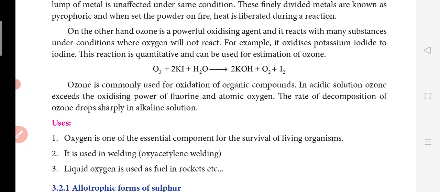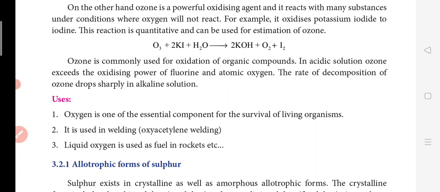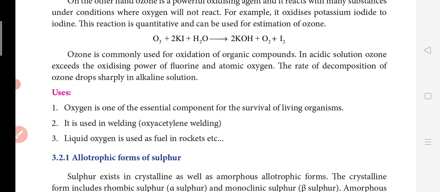On the other hand, ozone is a powerful oxidizing agent, and it reacts with many substances under conditions where oxygen will not react. For example, it oxidizes potassium iodide to iodine, and this reaction is quantitative and can be used for the estimation of ozone also. So how is it estimated?